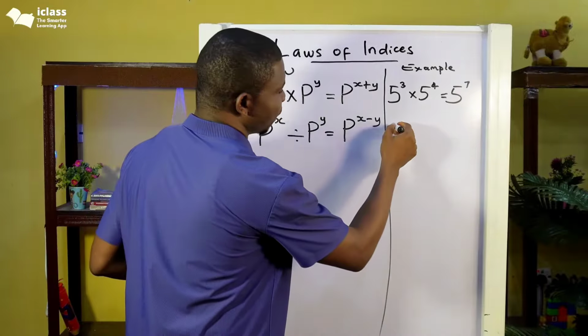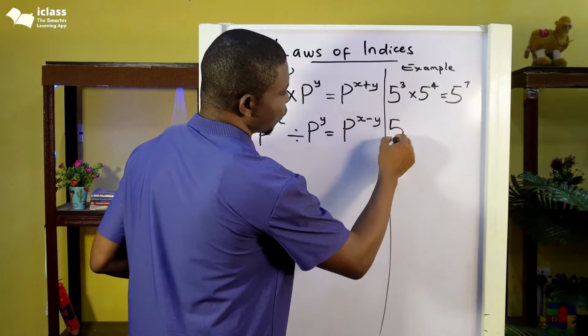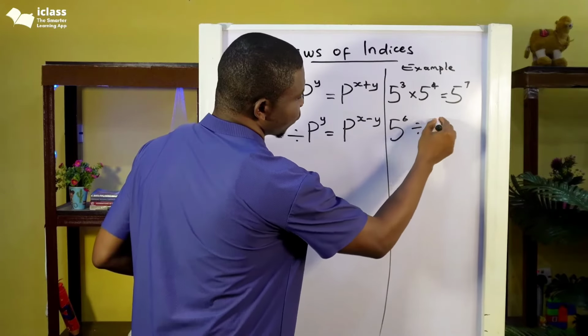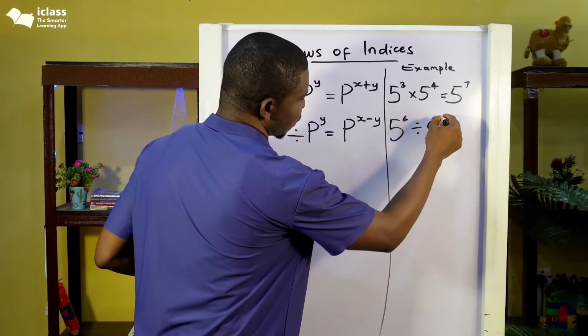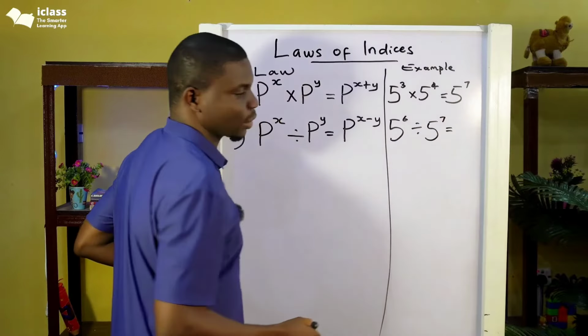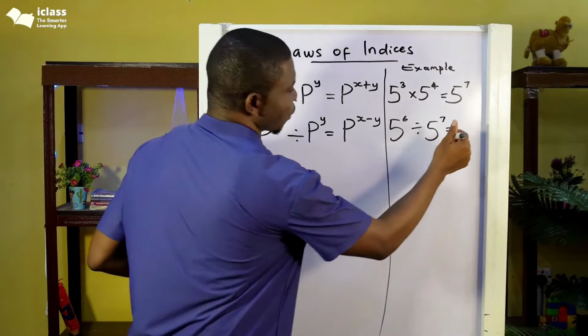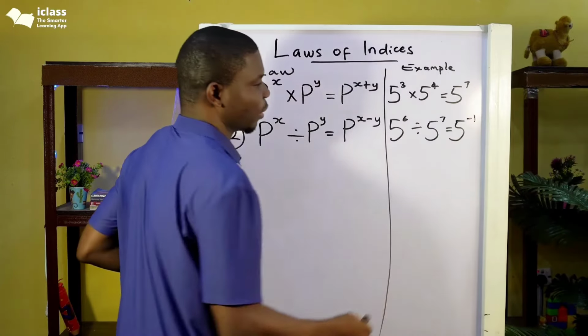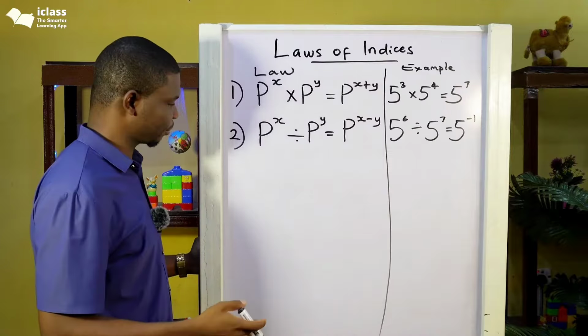So an example would be, let's say 5 to the power 6 divided by 5 to the power 7. What would this give us? This will give us 5 to the power 6 minus 7, which is minus 1. 5 to the power minus 1.